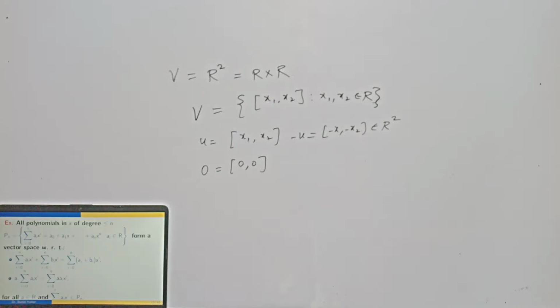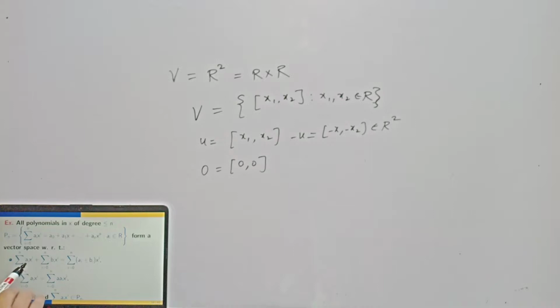This is also a standard example. What is it? P_n is the collection of all polynomials of degree less than or equal to n. n is a non-negative integer. So see what are the definitions of vector addition and scalar multiplication.